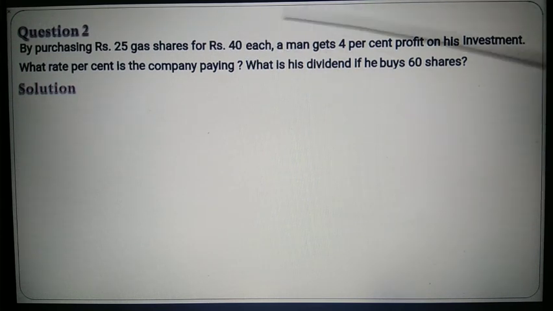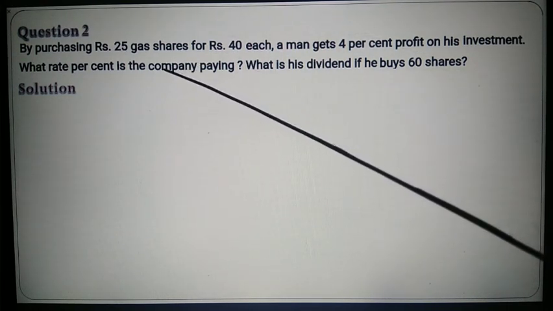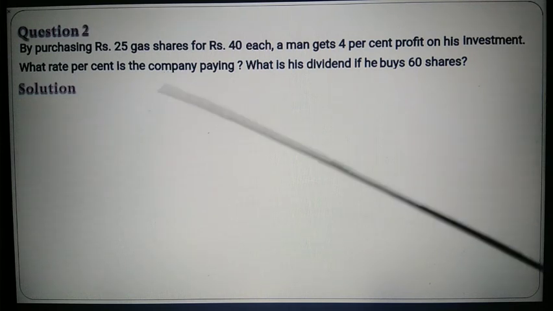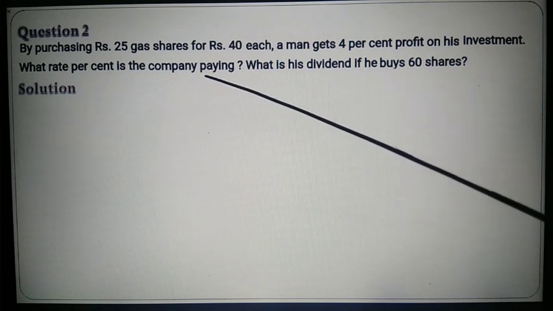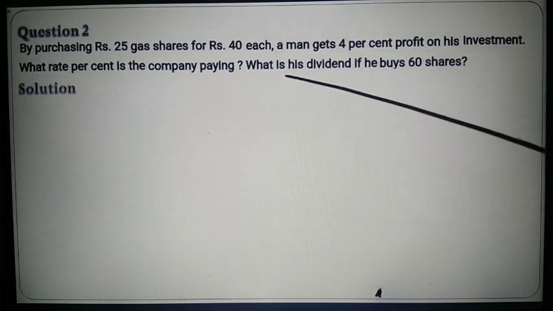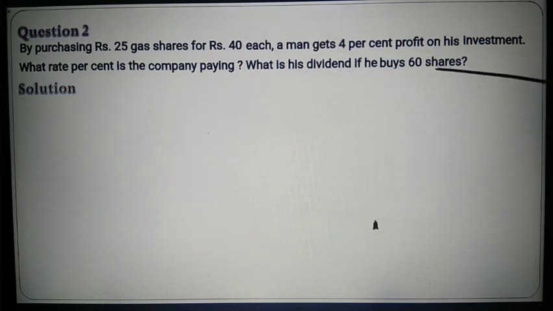After purchasing, a man gets 4% profit on his investment. What rate percent is the company paying? So they are asking for the rate of dividend. After that, you need to find the dividend if he buys 60 shares.